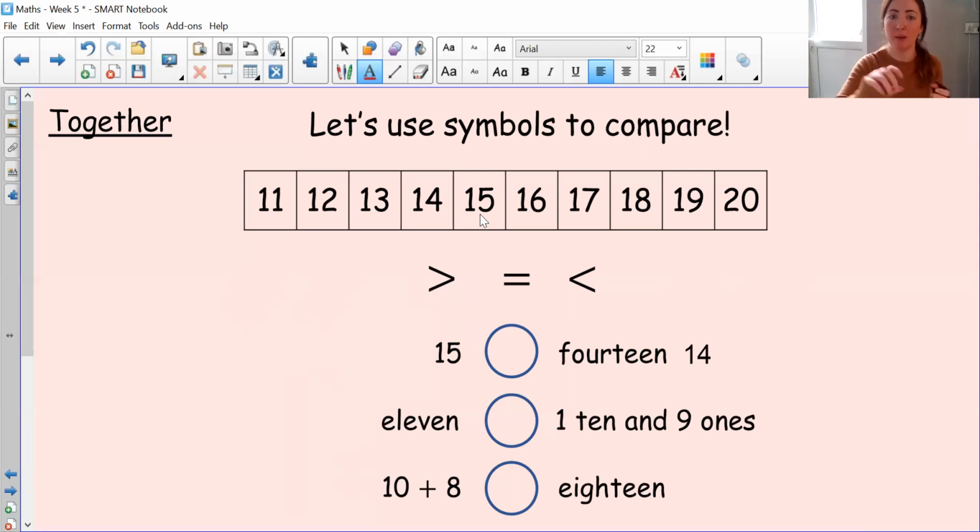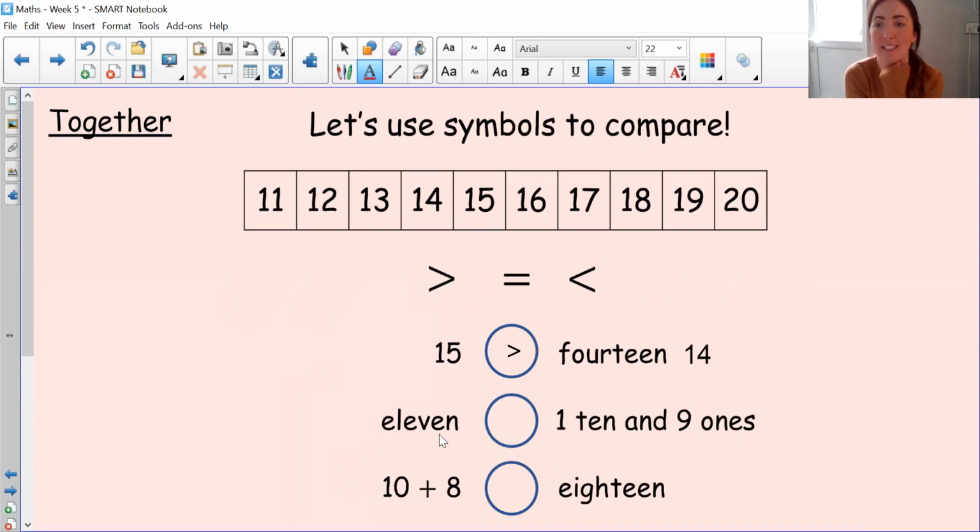Because as we move forwards along the number line, the numbers get bigger, the numbers get greater. So I can see that 15 comes after 14, which means that 15 is greater than 14. Did you get that one? Superstar.